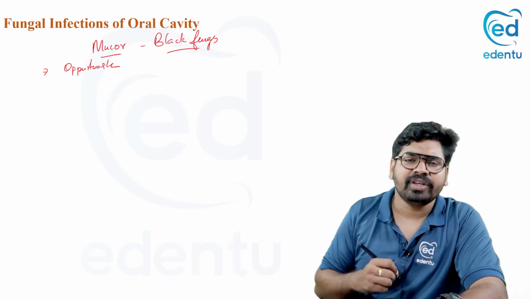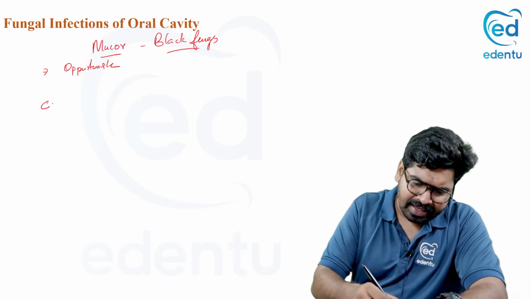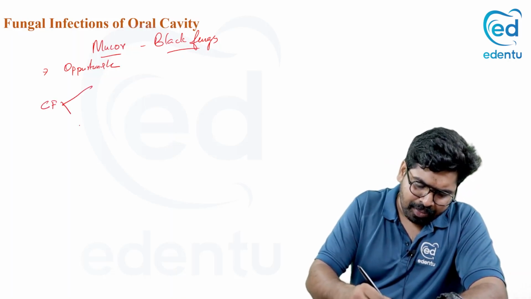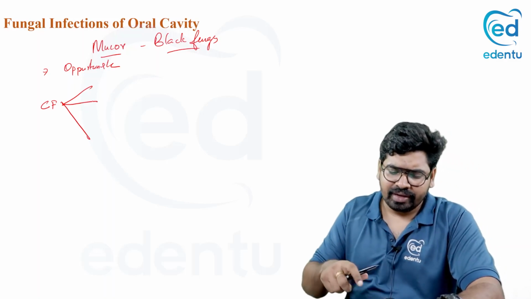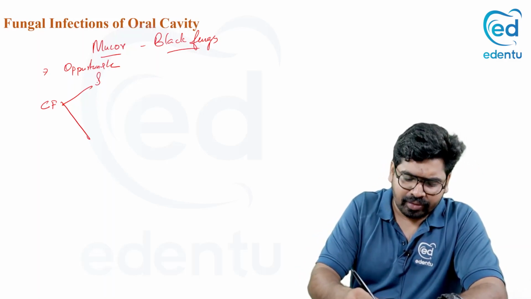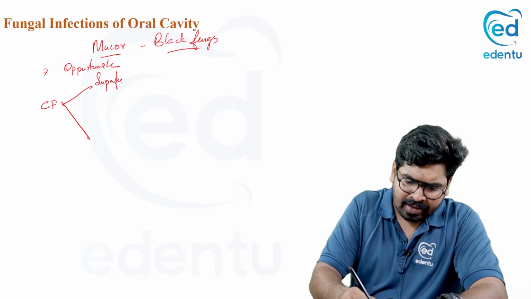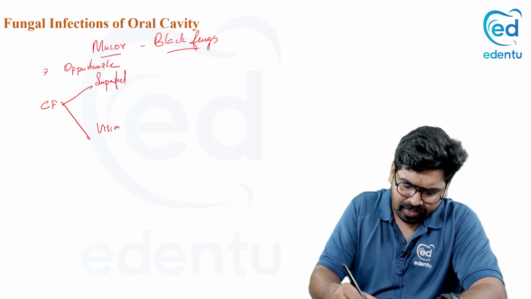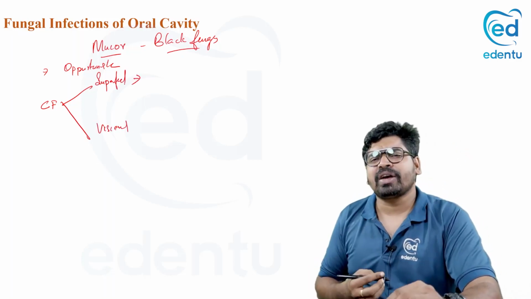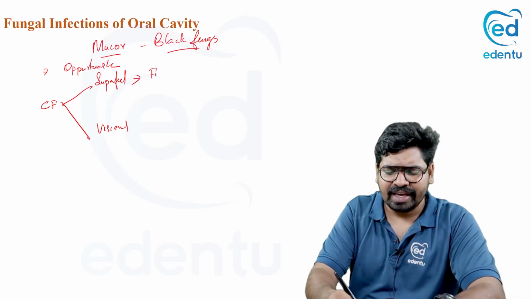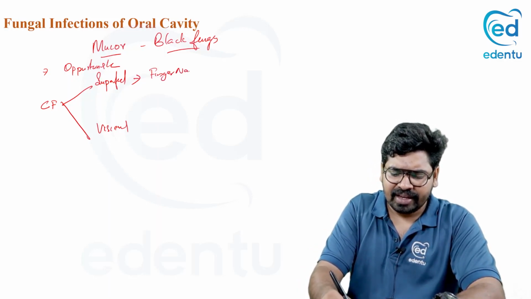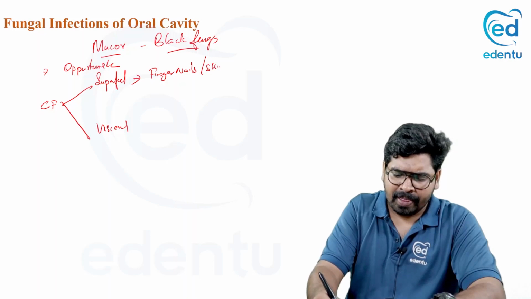Now, if you see the clinical features of mucormycosis, there are two types: superficial and visceral. Superficial mucormycosis usually occurs on the fingernails and skin. That doesn't matter.